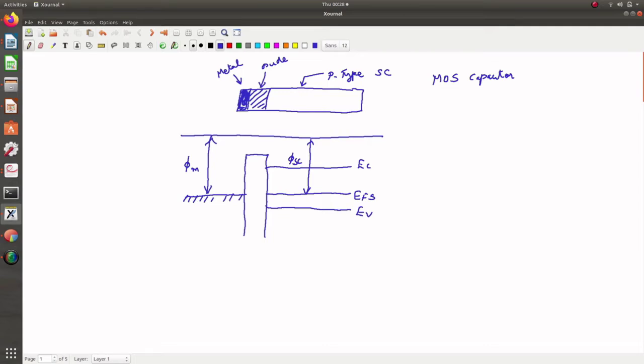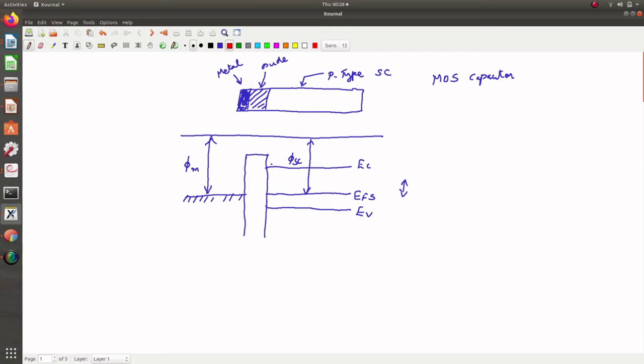Now, when a voltage is applied at the metal side, the Fermi level will move up or down based on the applied voltage. You have to also keep in mind that the oxide conduction band and valence band bend in the direction of the applied electric field.